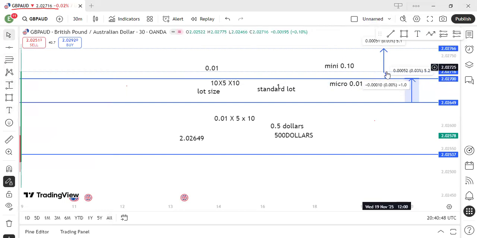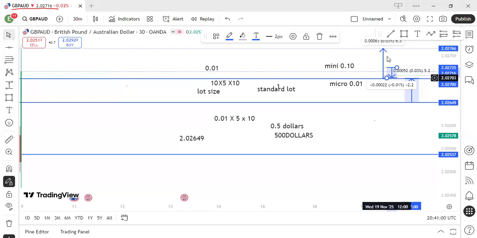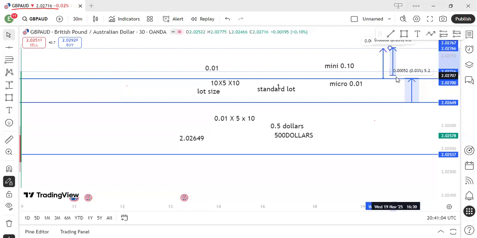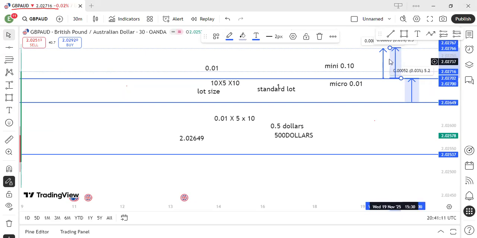So price to move to this point. You said price to move upward. Are you with me? But price now moves downward.